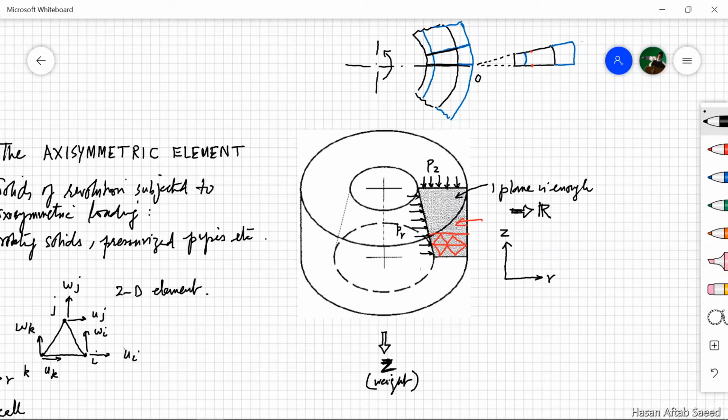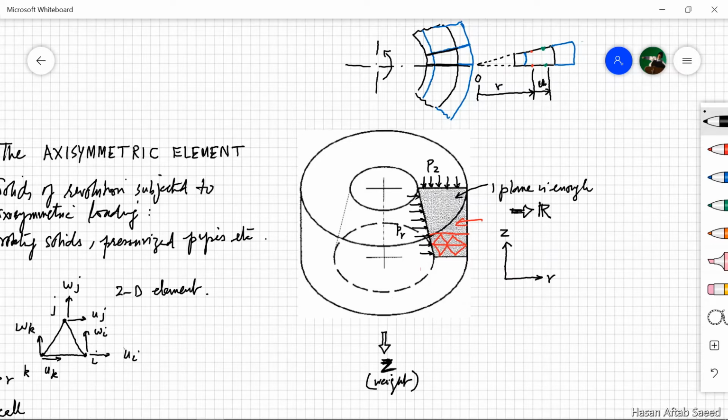This is point O and this is the center. The same 2 points after deformation take this position in green. So a displacement u, the radial displacement, has occurred.